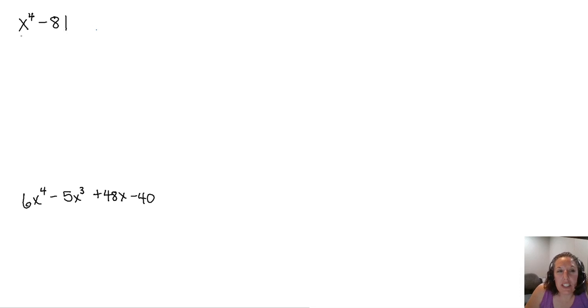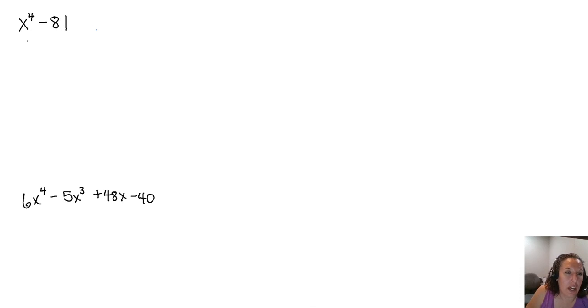Now this one doesn't have the exact form of the special products that we looked at in a previous video, but it still is a difference of squares, because remember x to the fourth is a perfect square. 81 is a perfect square.